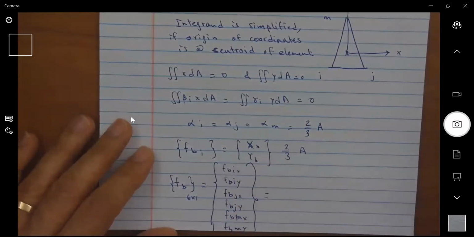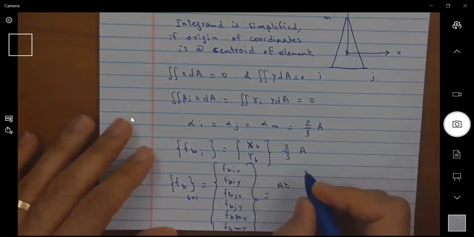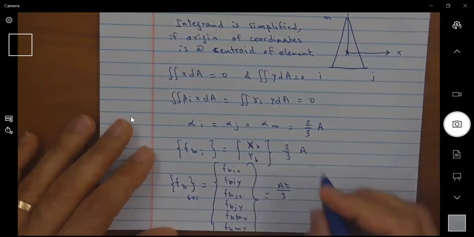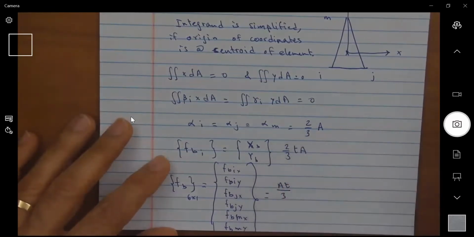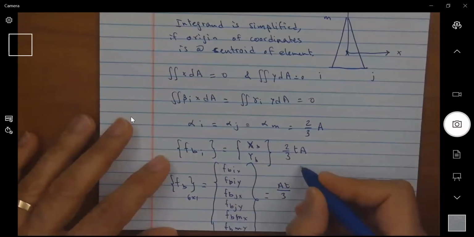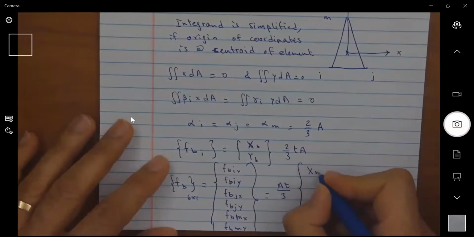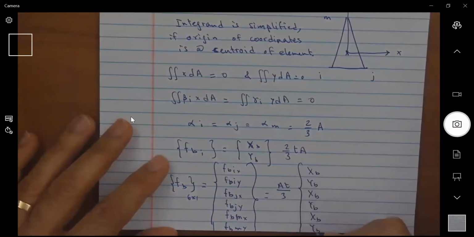These are all going to be equal to AT divided by 3. I didn't put the T here, I'm sorry. This is T times A, or AT divided by 3, multiplied by XB, YB, XB, YB, XB, YB.